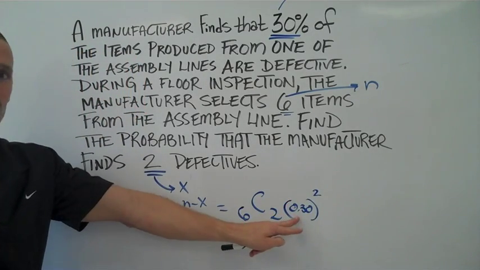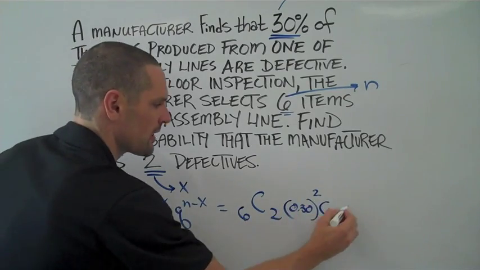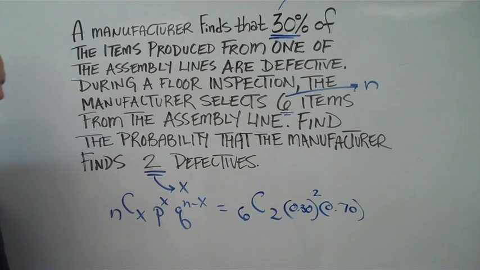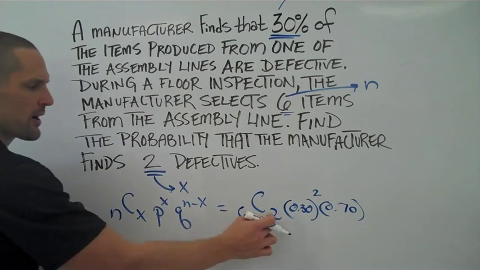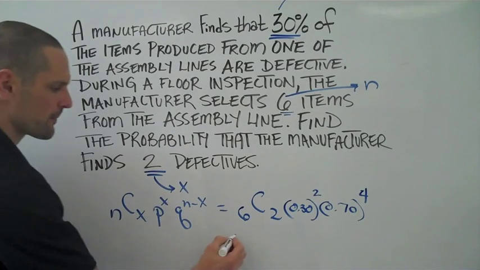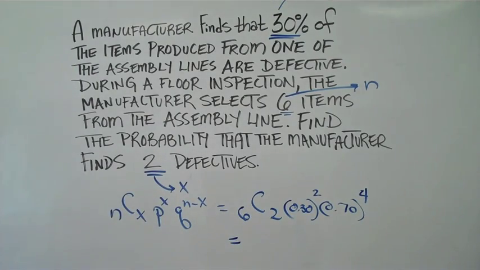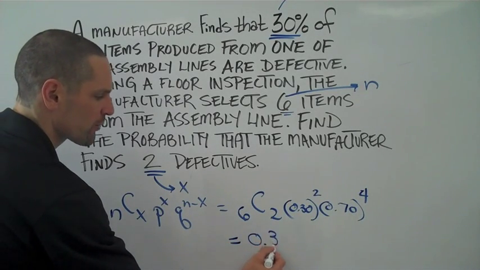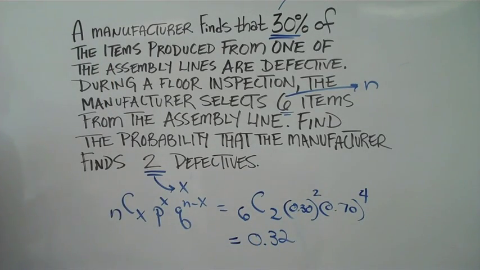Well, if it's 0.3 success, it must be 1 minus 0.3, or 0.70 chance of failure. 6 minus 2 is 4. Notice 2 and 4 add up to 6, so I've done it right. Well, what is the total probability then? When I do this all out, it's 0.32. I've got about a 32% chance of finding exactly 2 defectives, provided that my defectives are right at 30%.